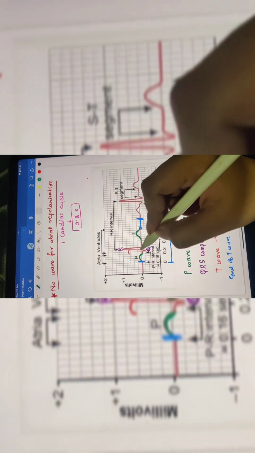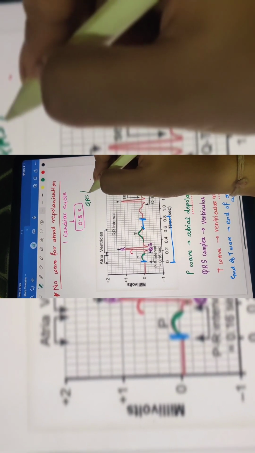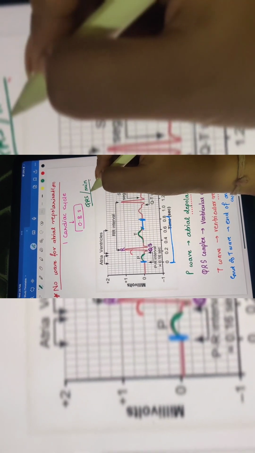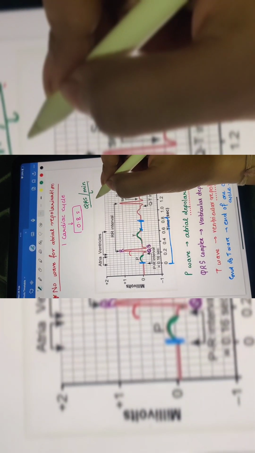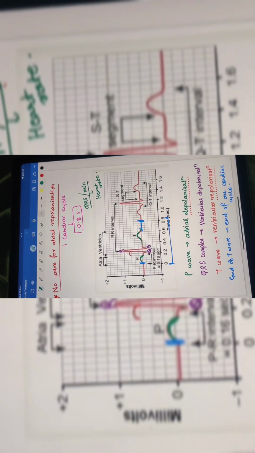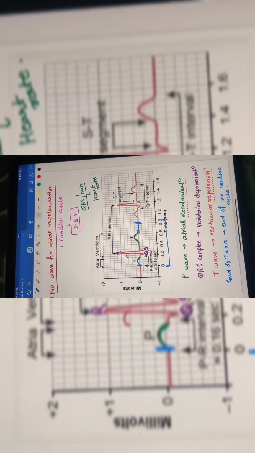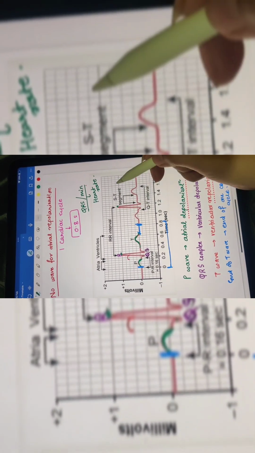It is hidden behind. These QRS complexes are very much visible to us. So by calculating QRS complexes per minute, we can calculate the heart rate. Or we can also count the QRS complexes in an ECG.